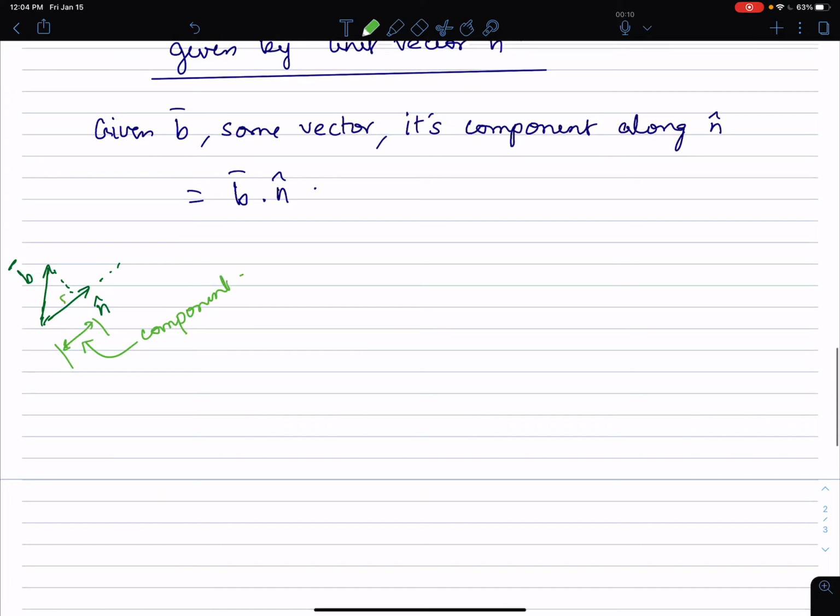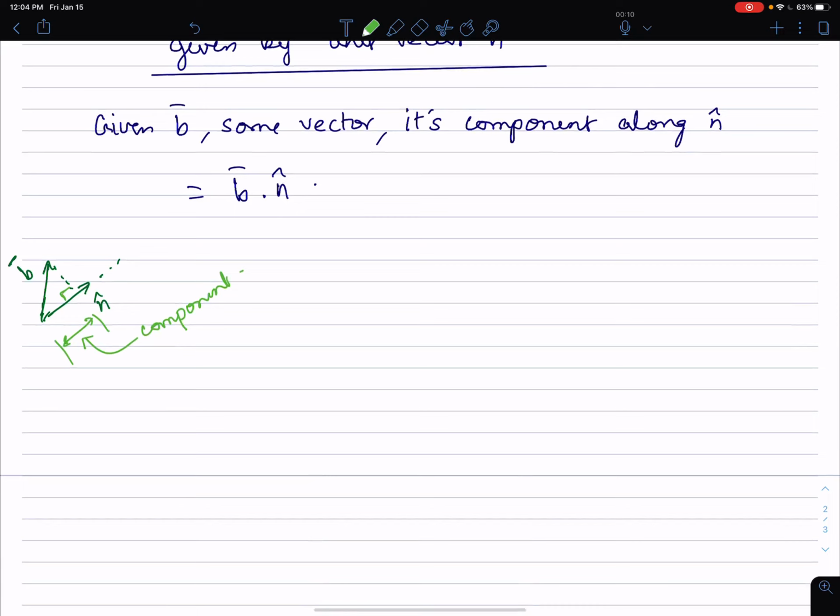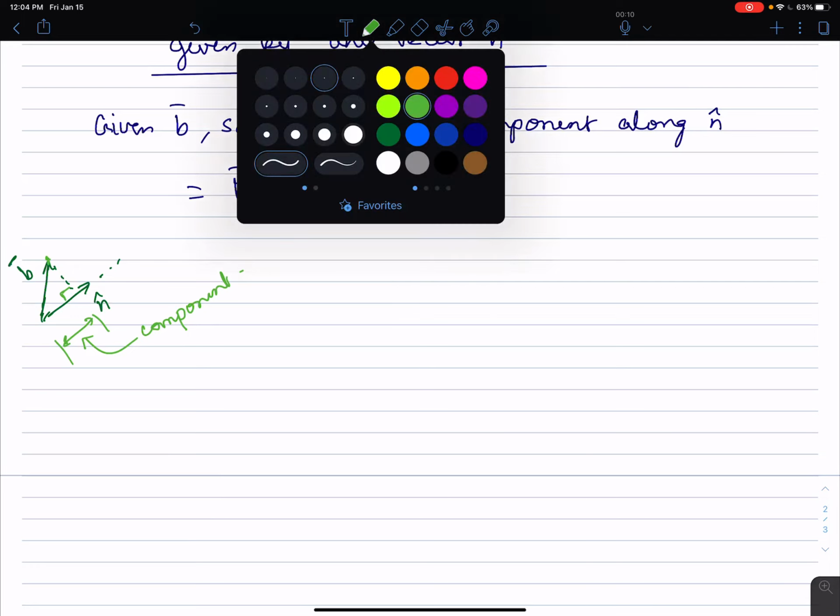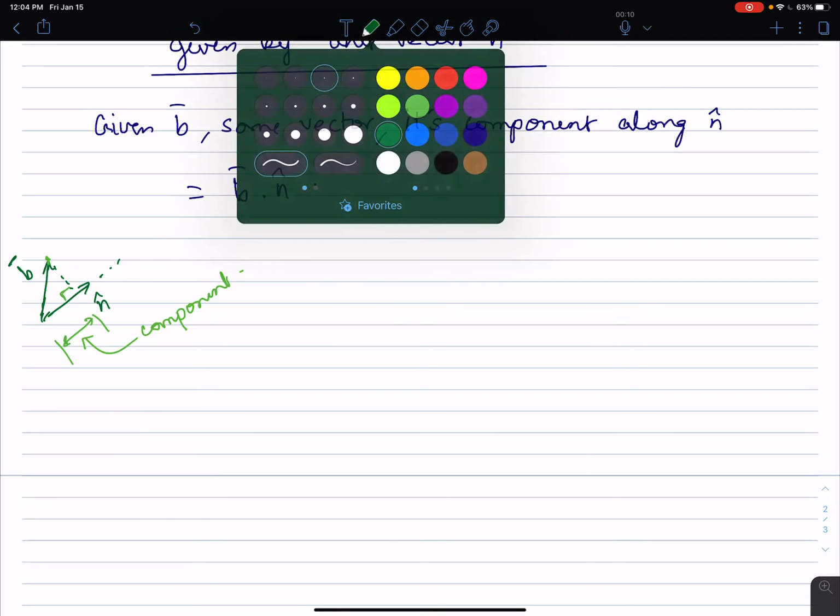Projection meaning you drop a perpendicular from the endpoint of b onto n. That's called the component. In any case, it's good to know what that is. We will leave that aside for a minute.